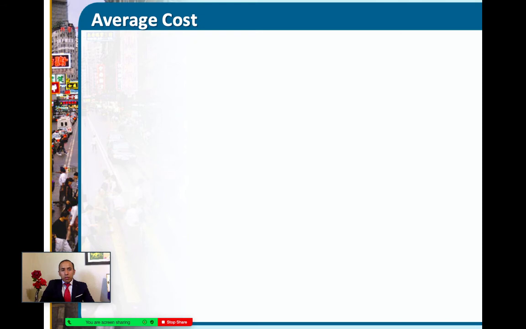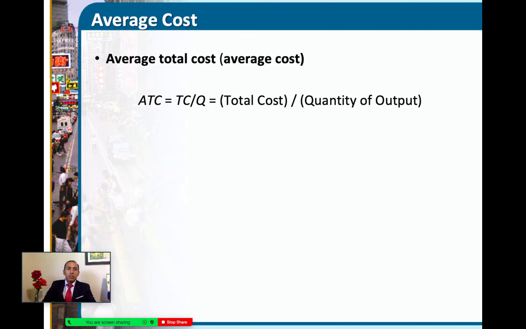What about if we want to find the average cost of production of a specific quantity? Not the total cost, not the marginal cost, but the average cost. The average cost of production is the average cost of producing a good or service for any given quantity. So we take the total cost of production, average total cost, ATC, and we divide it by the quantity of output.